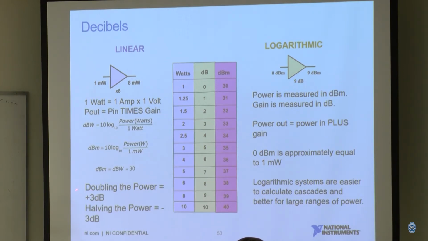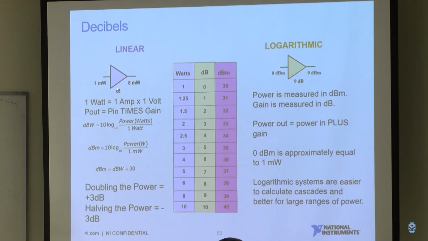Because any time you divide the power by 2, you can just use 3 dB in dBm calculation, instead of using a really complicated number like 3.122 watt divided by 2, how many watt do you have. You can always use dB to represent the power drop or power gain. And the difference is just different mathematics. So you have 1 milliwatt. If you amplify it by 8, your output is 8 milliwatt, right?